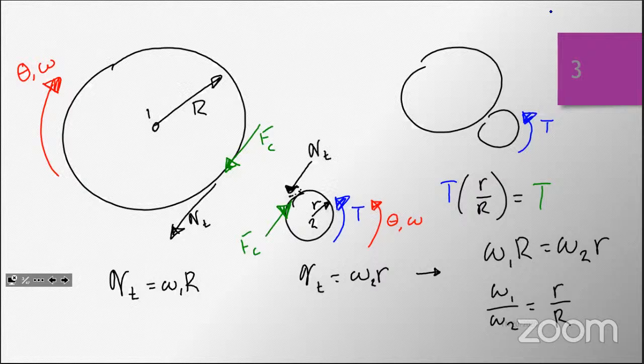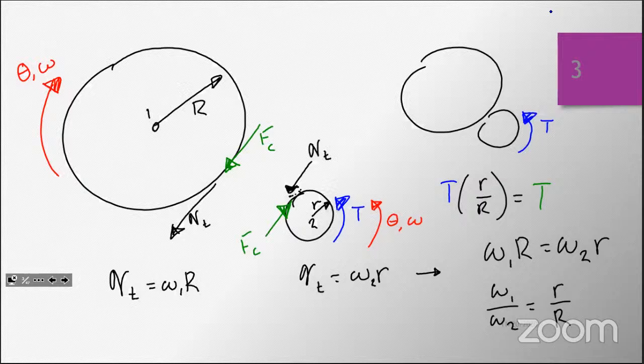I don't know if this is helpful, if this made it clearer or more confusing, but the idea here is that if we know how much torque we have in and we know the gear ratio, then we know how much torque we have coming out on the other side. We can do the same thing for the speed.